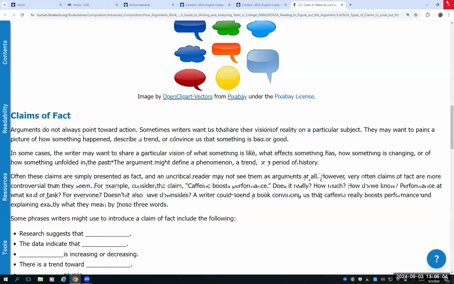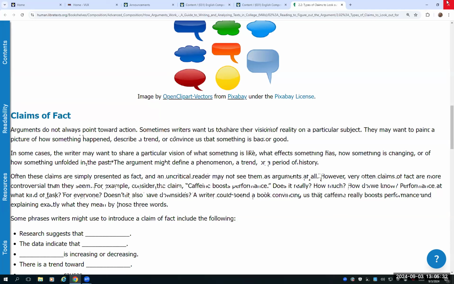So for example, it says, consider the claim caffeine boosts performance. Someone who is a fast thinker and not slowing down and trying to think critically about what they're reading will go, that sounds true. Caffeine boosts performance. Okay. And they'll accept it as 100% total truth, total fact.